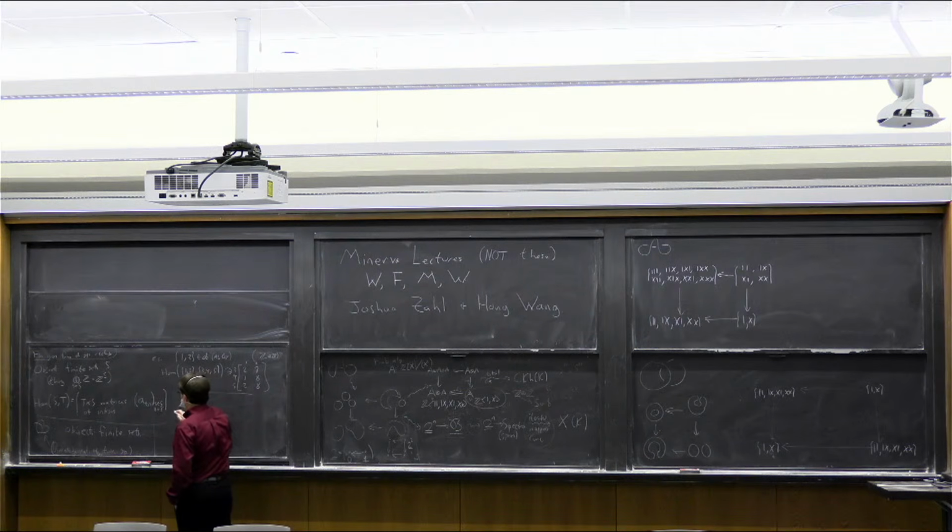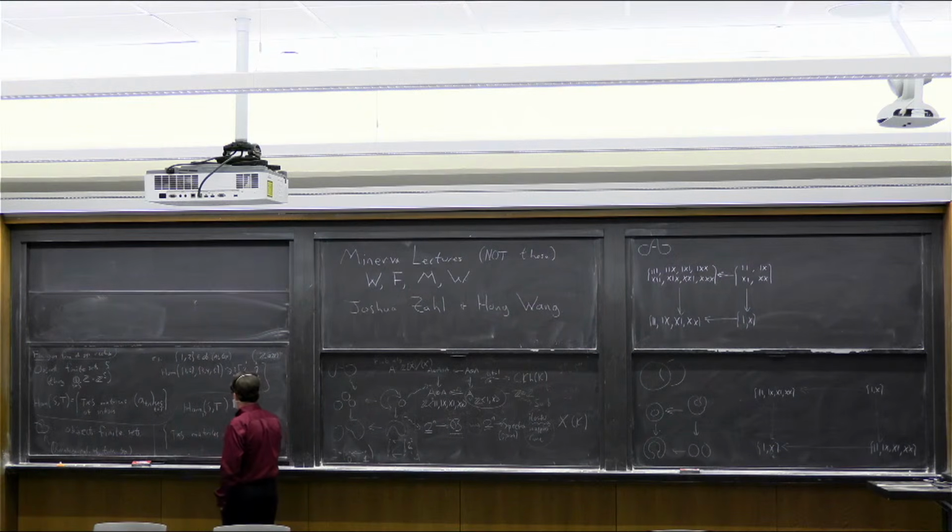So just the same as before. Hom from S to T is going to be the set of T by S matrices of finite sets.